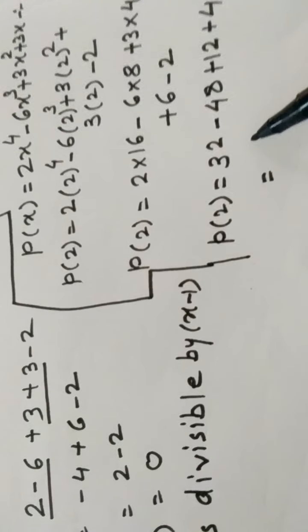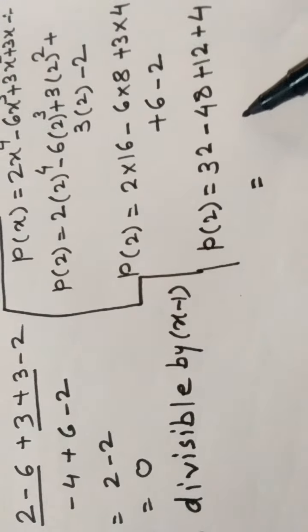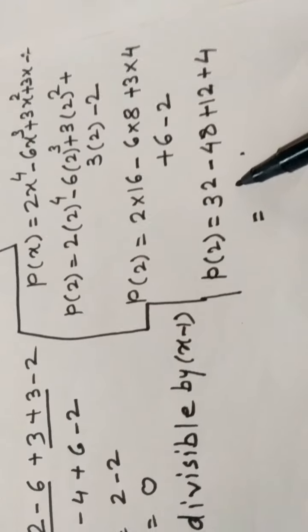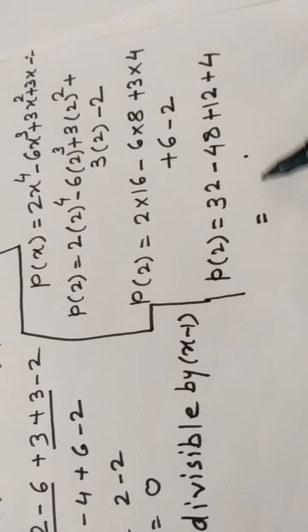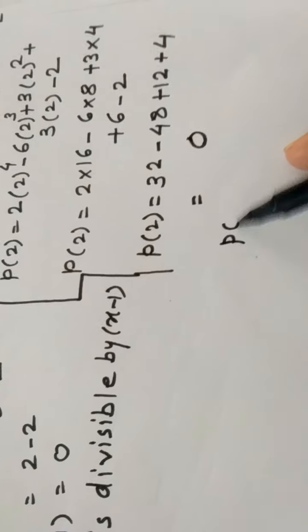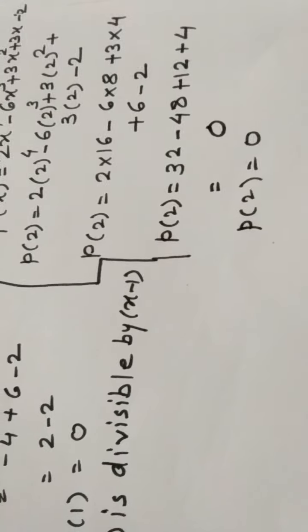Do the addition of this. The total addition is equal to 0, that is p(2) is equal to 0.